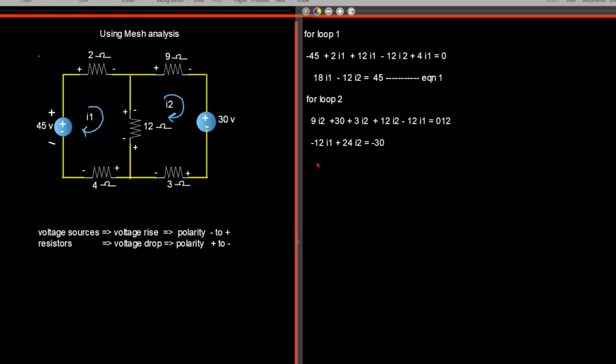Multiplying this by minus, I'll get 12 I1 minus 24 I2, that is equal to 30. So now we have the second equation.